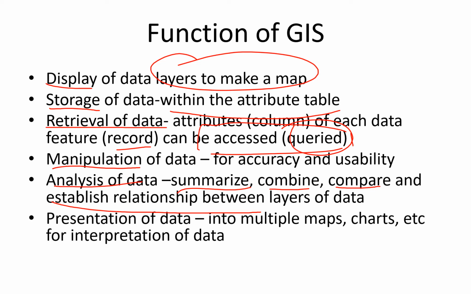Last but not least is that we can make presentation of the data into multiple maps, charts, etc. for interpretation of the data. So we have looked at few functions of GIS. Now these are the things which GIS can do.